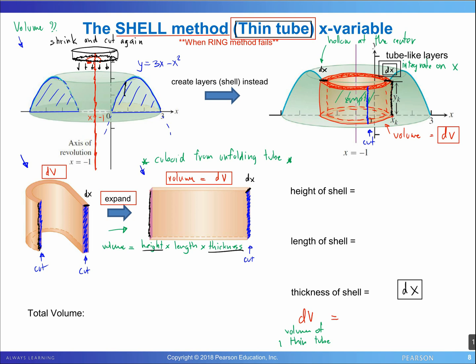Straight down from the curve to the x-axis. As you can see, this height is the distance from x-axis to the curve. In other words, this is function value. So this height is going to be equal to the function value f of x, which is right here, equal to y.